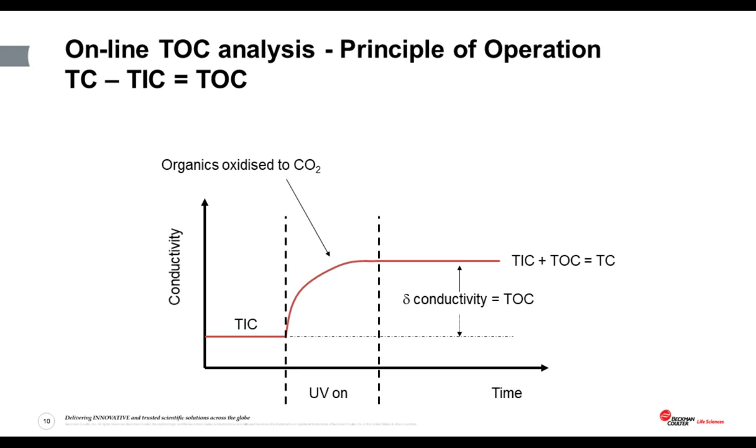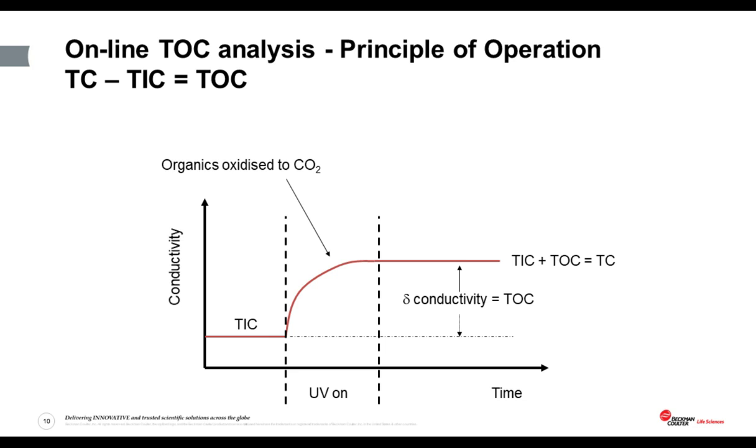Now, this is a graphical representation of the oxidization process. Initially, the conductivity of the water sample is measured to establish the amount of TIC present in the sample, which, as I said, is made up of carbon dioxide dissolved in the water. Then an ultraviolet lamp is used to oxidize all the organic material in the sample to carbon dioxide.